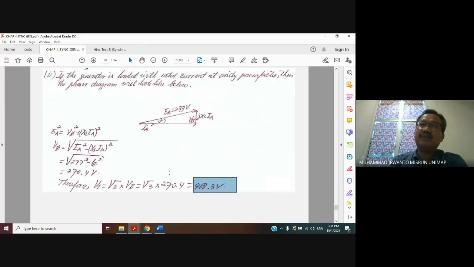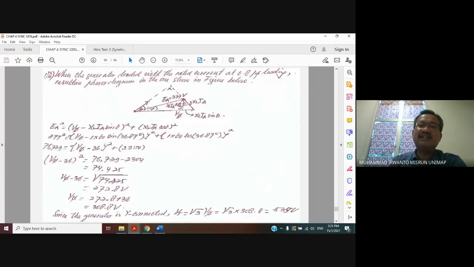Okay, the third, B3: the power factor is leading. Leading means IA leads the phase voltage by theta, and theta is the one from before, 36.87 degrees. Now you can find the value of this phase voltage.